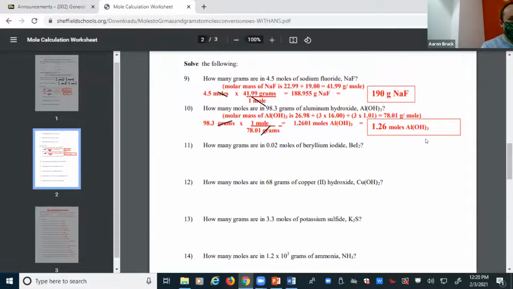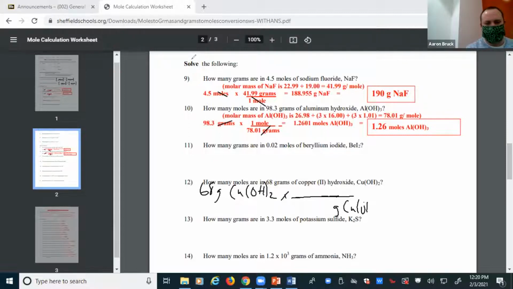We have 68 grams of copper(II) hydroxide, Cu(OH)2, hydroxide taken twice. Again, we're going to convert our grams into moles.